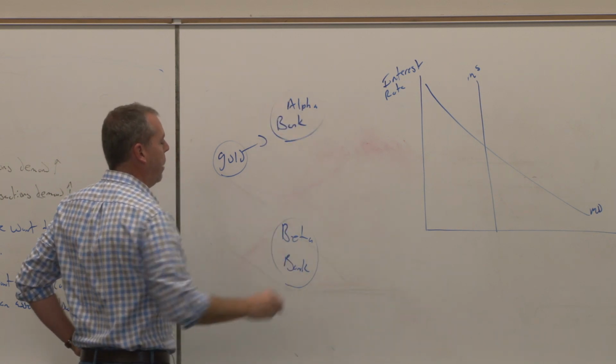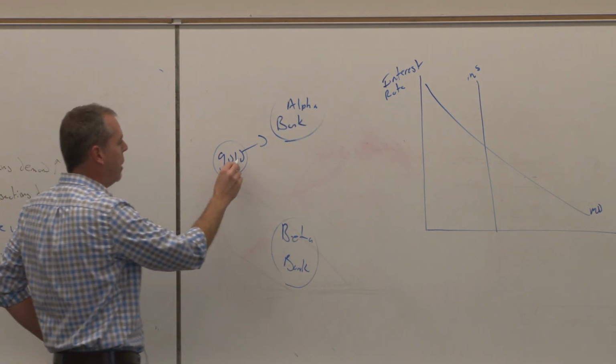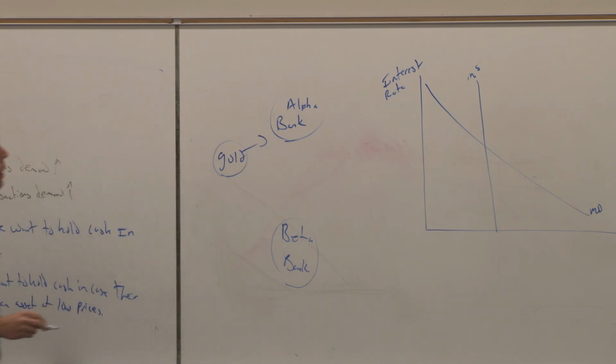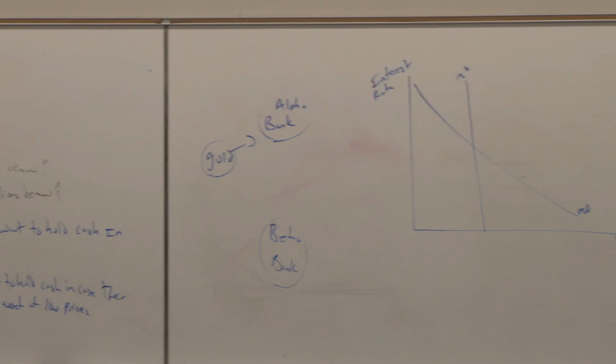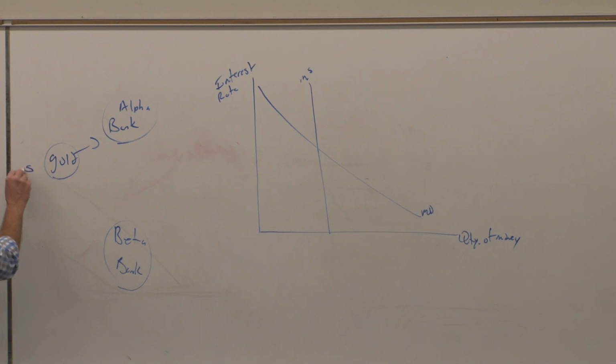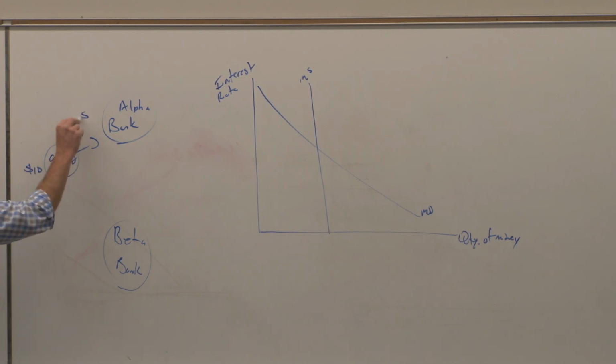Right, so here's Alpha Bank, right? They've got this gold, they're going to deposit it in this bank, right? And then Alpha Bank gives them a little piece of paper that says this is worth, they deposit $10 worth of gold, and they're going to get this little piece of paper from Alpha Bank that says this is redeemable for $10 in gold.